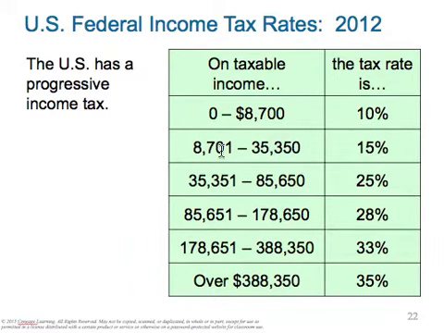And then from $8,700, in this example I said that they were making $30,000, they would pay 15% on that $8,700 to $35,000. So that'd be roughly $27,500 that they would pay 15% on, and the first $8,700 they pay 10%.